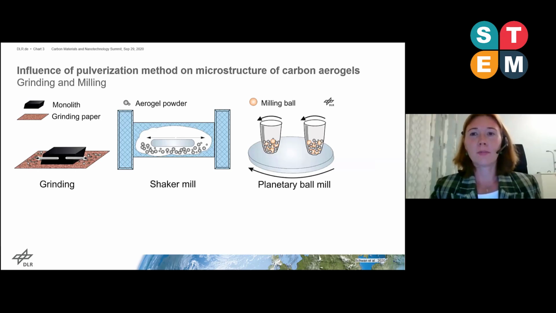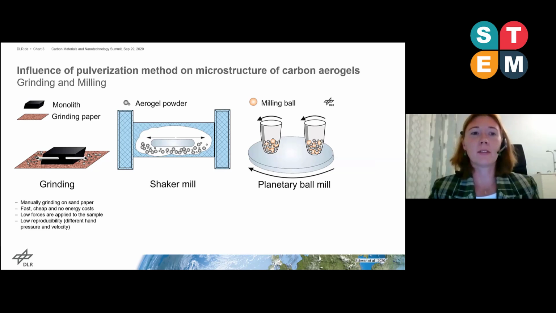For that, we investigated three methods. The first method is grinding. We just use grinding paper, grind our samples and collect the powder. As you can imagine, this method is very fast and cheap, and the energy impact is also very low.